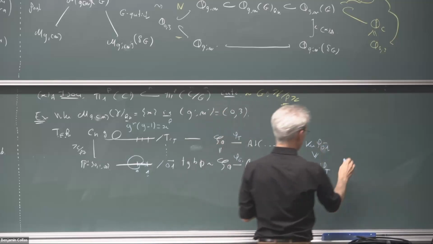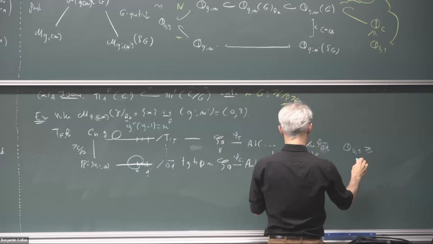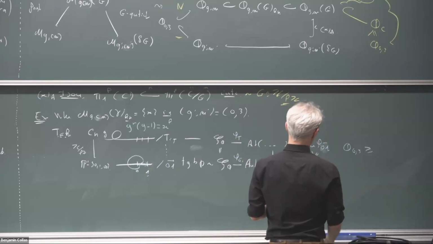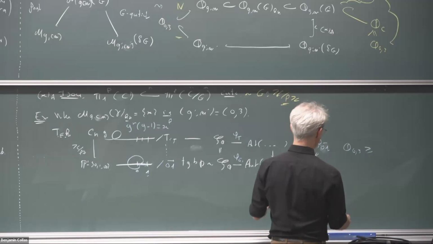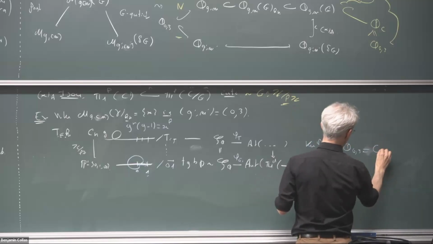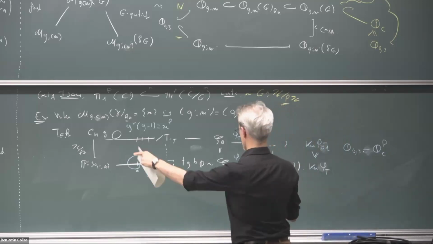Okay. Which means that you have q of 0, 3, which contains... this is the other way around, I'm sorry, let me just check quickly. So this is it. Yes, in fact you can show that it's equal to q of c, where c is the curve here.